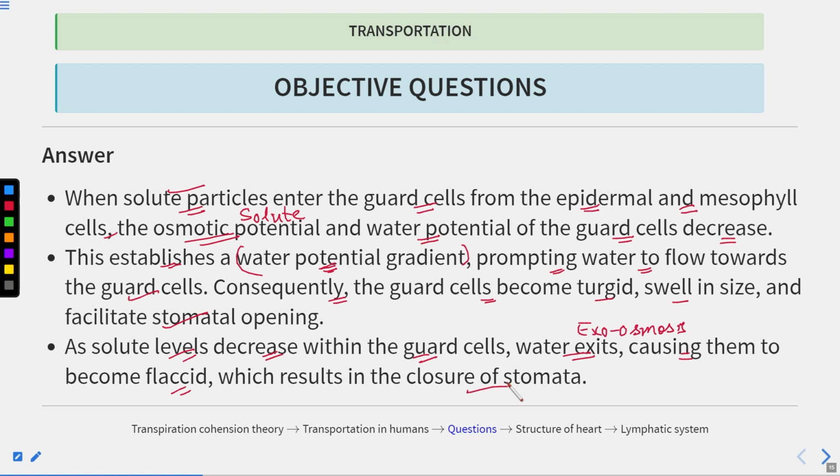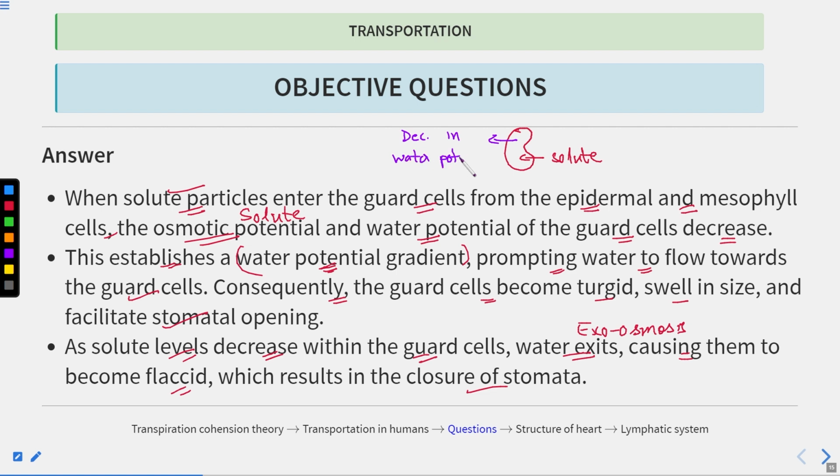Okay, so what does it say? So if these are the guard cells, if the solute enters here into the guard cell from the epidermal and the mesophyll cell, then inside the cell what will happen? Here there will be a decrease in the water potential.